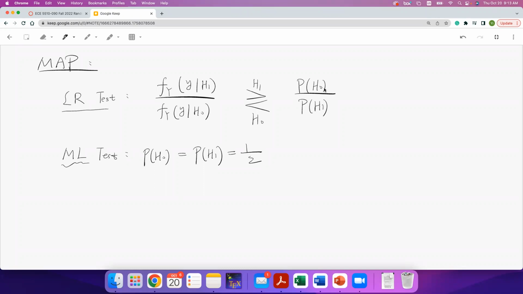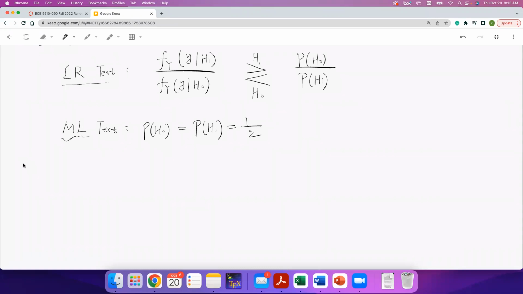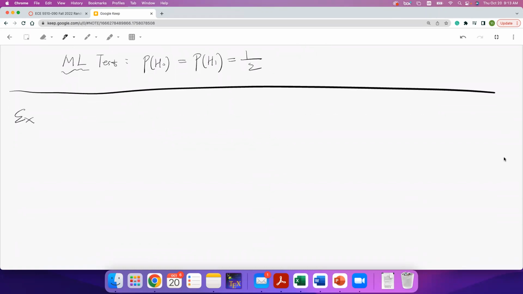Last time we looked at a bacteria example. So let's look at another example in communication applications. We are sending out signals through a communication channel.